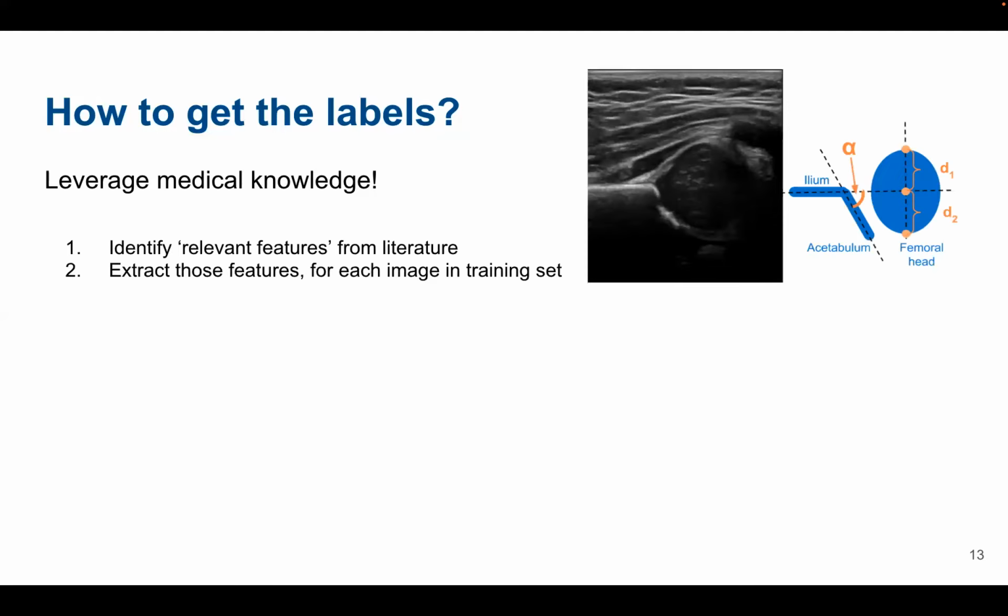For example, I don't need a machine learning algorithm to interpret the entire image. I know what we are looking for. In the case of hip dysplasia, we look for 2 key features of the image. One is something called the alpha angle, that is the angle between the ilium and the acetabulum. And the second one is something called the coverage, that is basically the ratio of D1 over D1 plus D2.